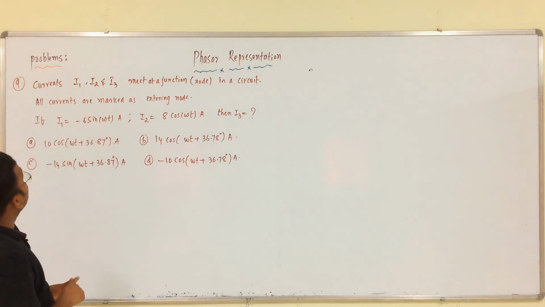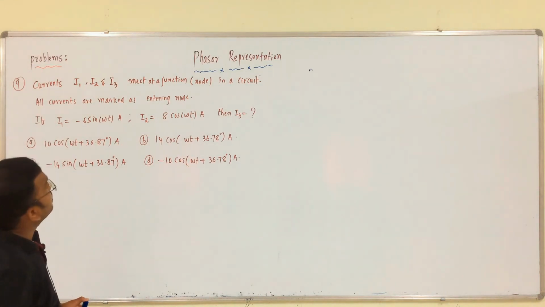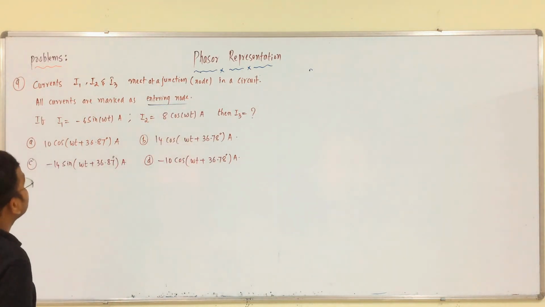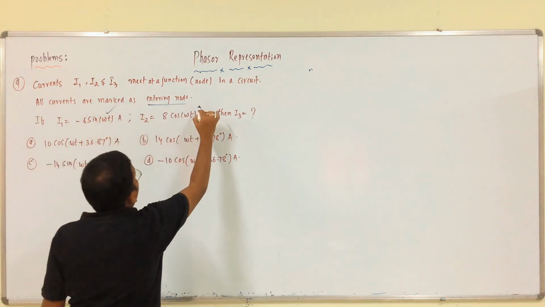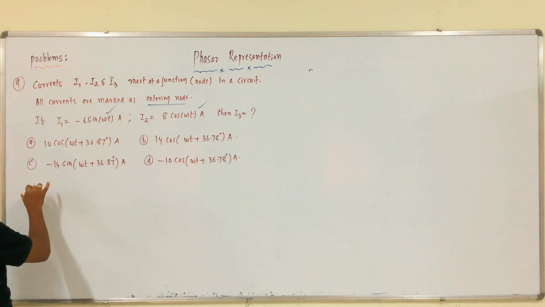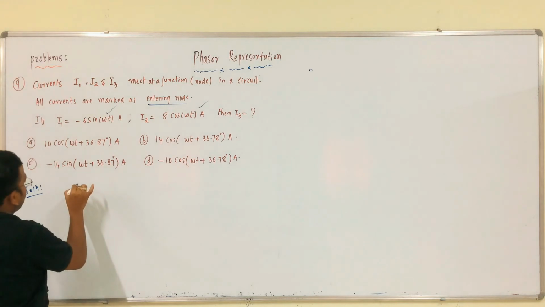Currents I1, I2 and I3 meet at a junction in a circuit. All currents are marked as entering the node. If I1 is like this and I2 is like this, then what is the value of I3? Simple application of KCL.